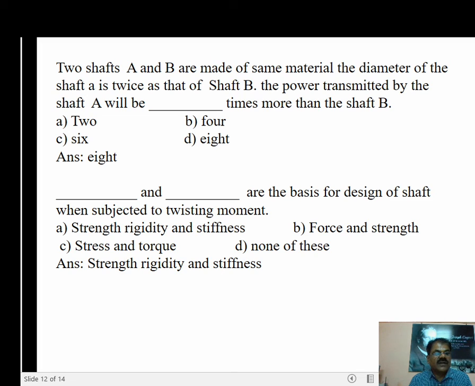The diameter of shaft A is twice that of shaft B. The power transmitted by shaft A will be dash times more than that of shaft B. Options: A is 2, B is 4, C is 6, and D is 8. The answer is 8. The power transmitted by shaft A will be 8 times more than that of shaft B.